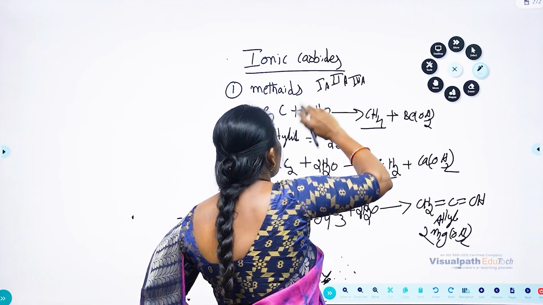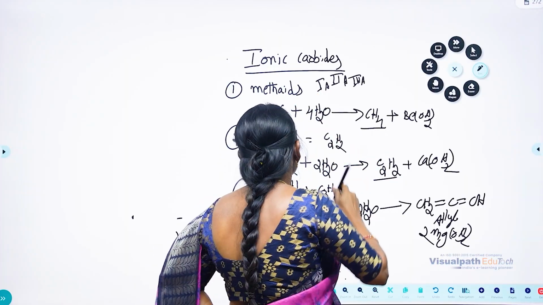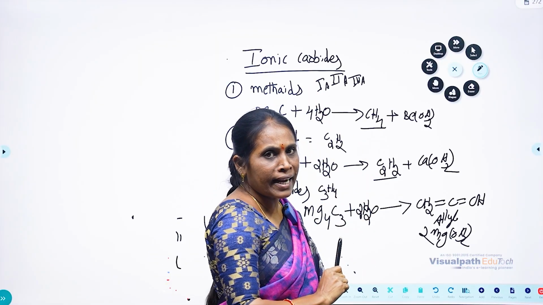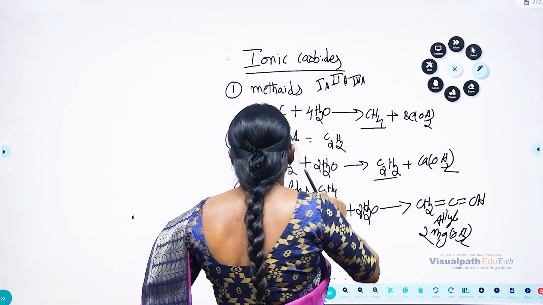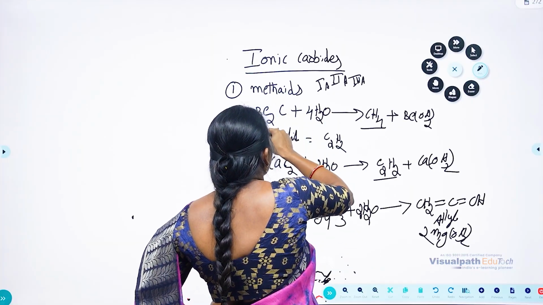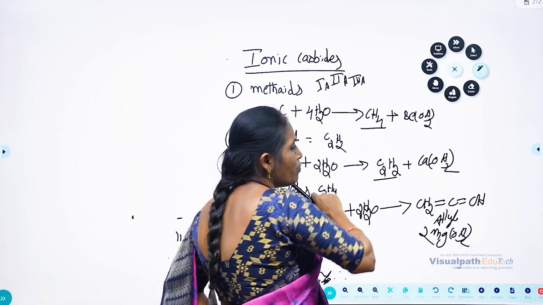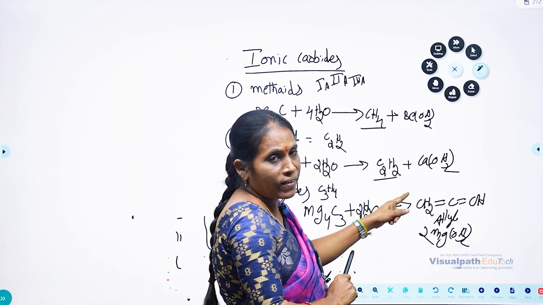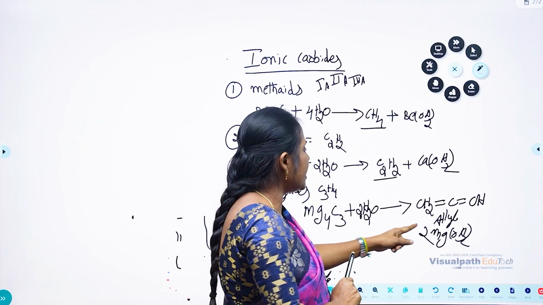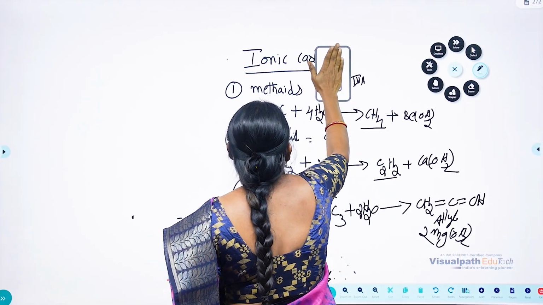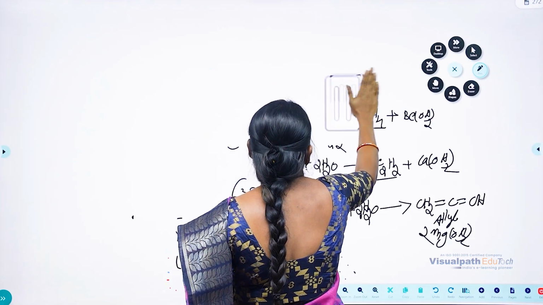Based on the product, these can be classified into three types: methanoids, where methane forms, acetylides, where acetylene forms, and allylides, where it forms the allyl group. Okay, it is about the ionic carbides.